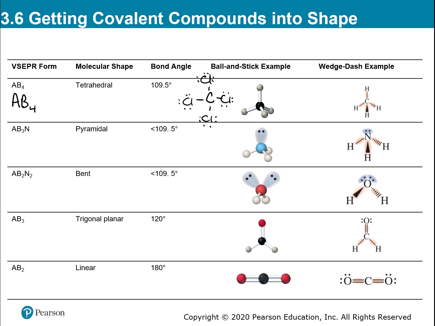Remember, they all have non-bonding pairs. Those dots are not around the carbon, so they don't matter. It's only the non-bonding pairs on the carbon or on the central atom that you count. That is always going to be this shape. They call that a tetrahedral. Remember, tetra means 4. So tetrahedral is sort of like a 4-pointed pyramid.